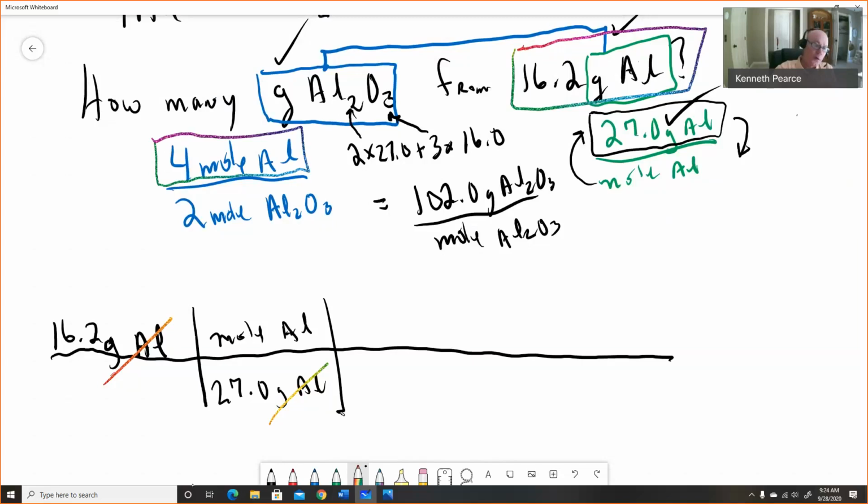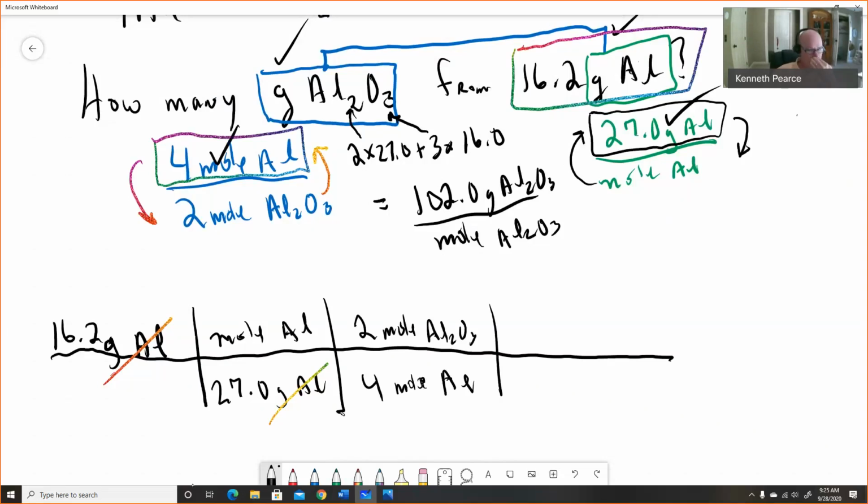And just like on the previous conversion, we're going to have to flip it to get it to where moles aluminum are on the bottom. And so we say 2 mole aluminum oxide for every 4 mole aluminum, and we put a check mark through it so we don't reuse our conversion factor.